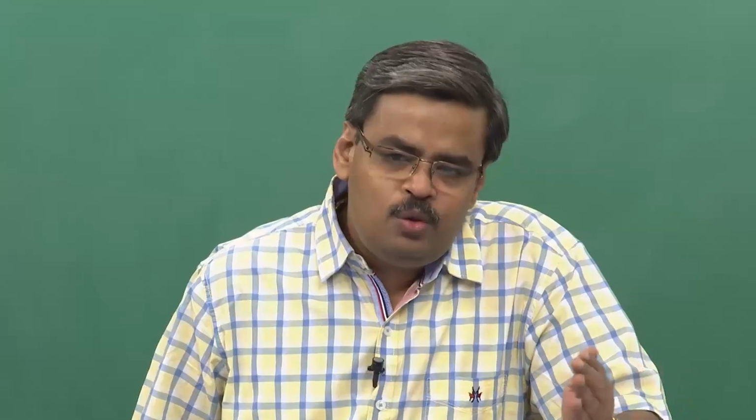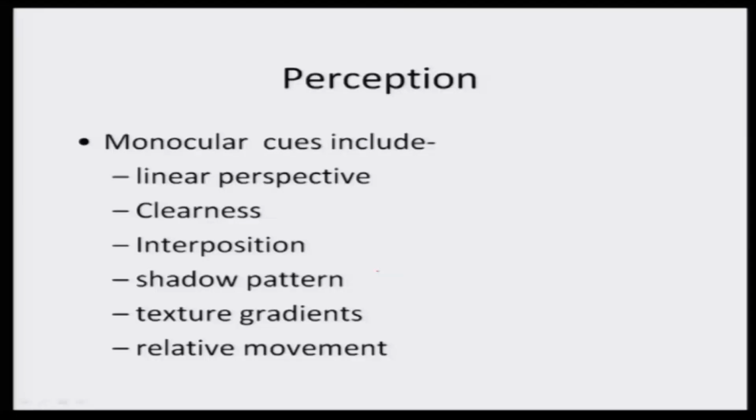Monocular cues basically depend on linear perspective, clarity, interposition, the pattern of shadow, texture, and relative motion. We will talk about all these six important ingredients of monocular cues one by one, trying to take possibly the best example.